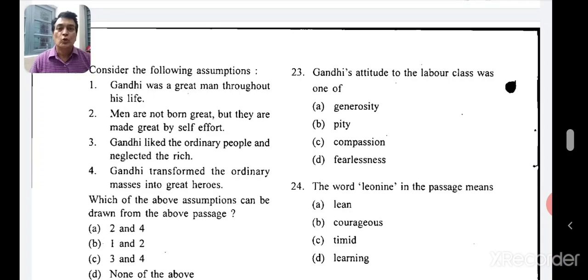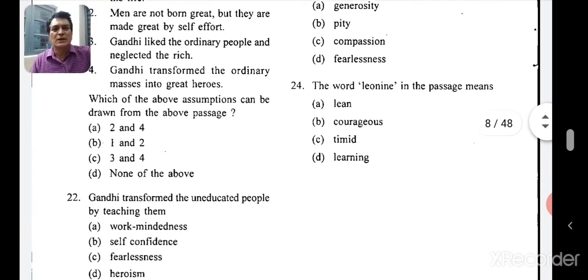Self-made man, you can infer from that. And Gandhi transformed the ordinary masses into great heroes. This also you'll be able to find. So with the help of inference and elimination, you'll be able to get the answer for the 21st one. So let's go to the next one, that is 22nd.